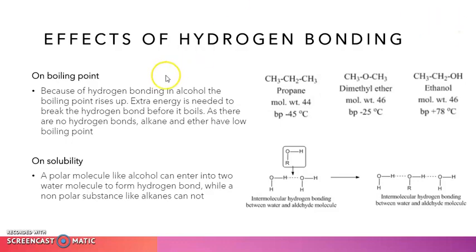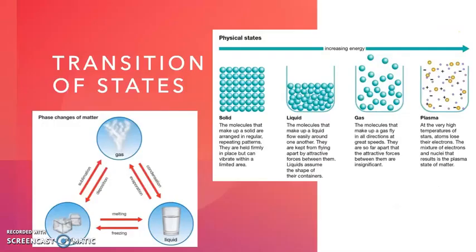Now we will see how the transition of state occurs. First we are going to have a look at the solid state. Here the molecules that make up solids are arranged in regular repeating patterns. They are held firmly in place but can vibrate within a limited area about some fixed position.